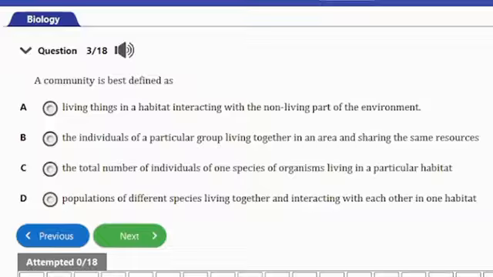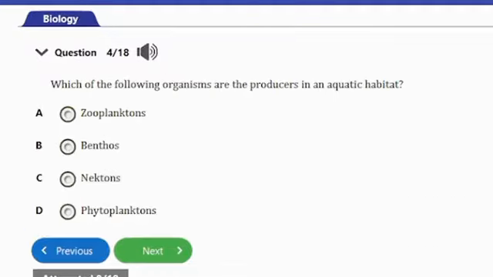So guys, the answer to this question is option D here, the populations of different species living together and interacting with each other in one habitat. So let's go ahead and consider the next question.